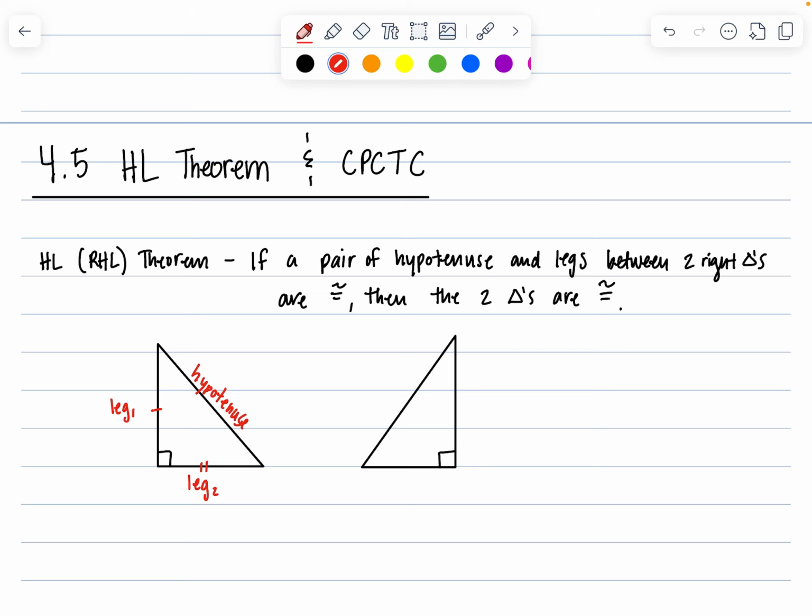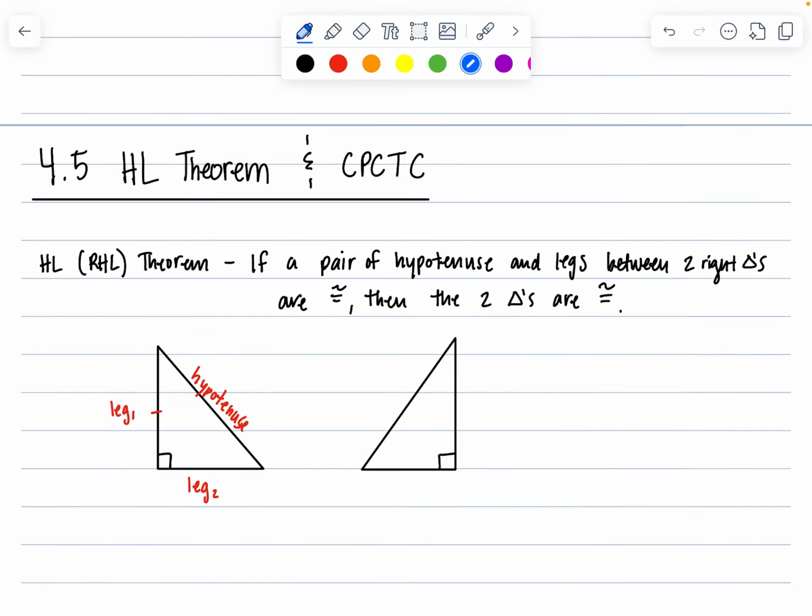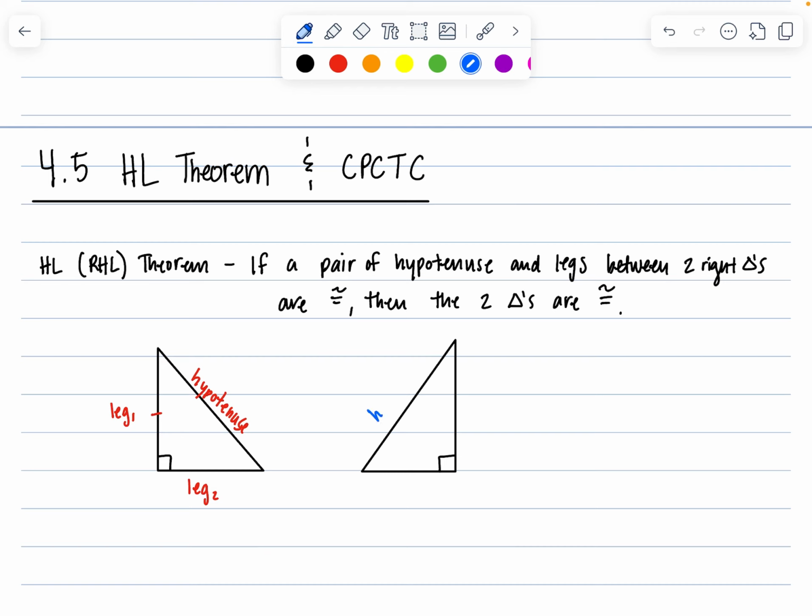Now, if the case is we have a pair of sides, specifically the hypotenuse and a pair of legs, I'm going to tick mark that.